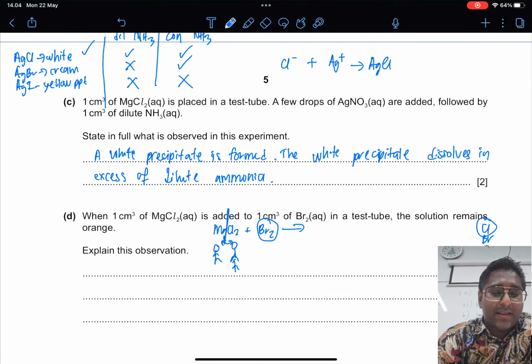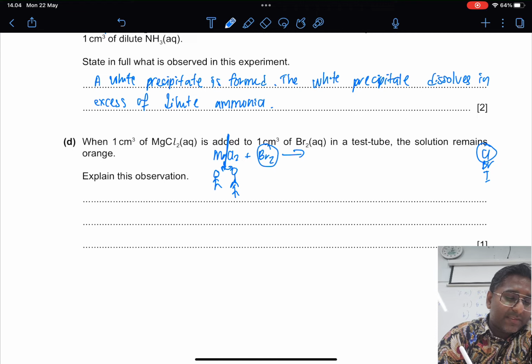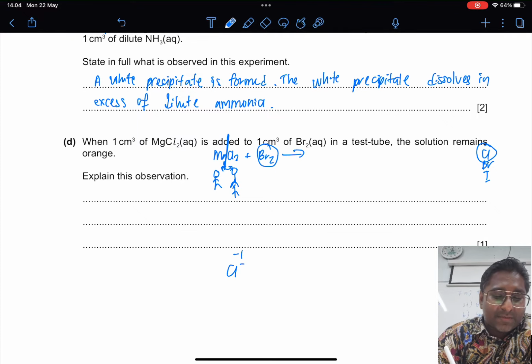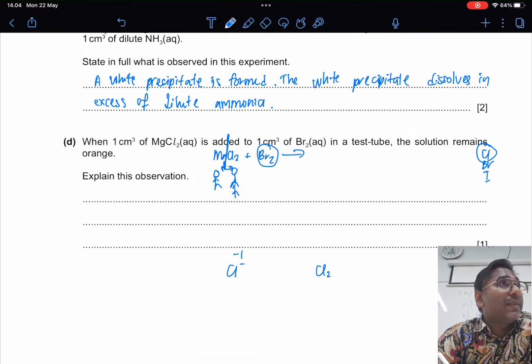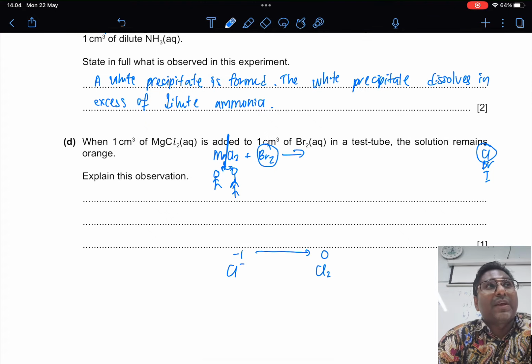Why? Because the chlorine was in Cl minus form, so oxidation number -1. If it is displaced, it will become Cl2, which is 0. So the oxidation number goes from -1 to 0, which is an oxidation reaction.